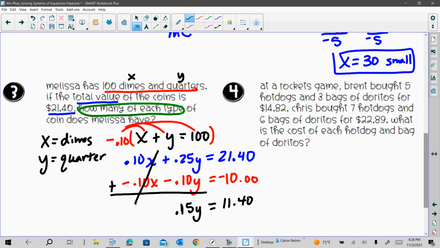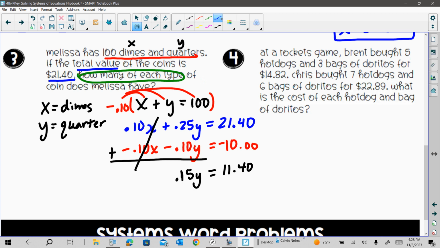And then we're going to isolate the y by dividing by the 0.15. So the y gets me a total of 76. So I have 76 quarters.